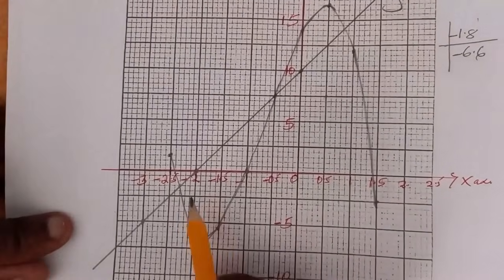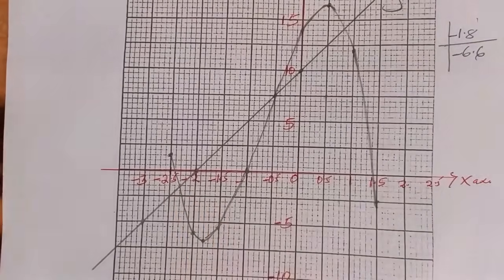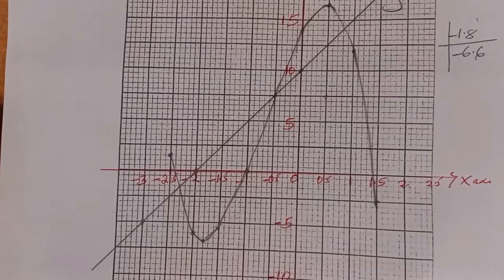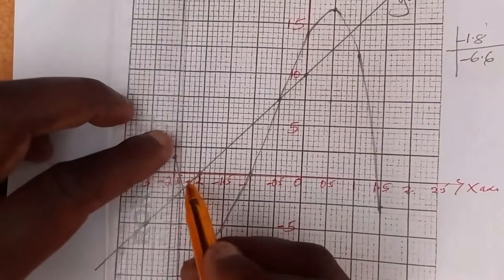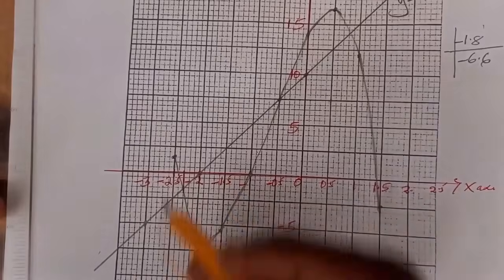So this is the point. Read the x coordinate of this point, like this point here. So the x coordinate of this point is here.